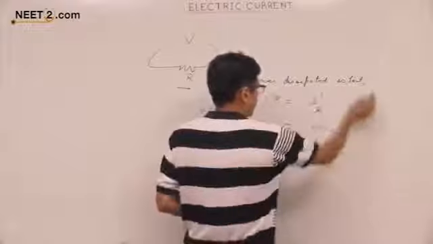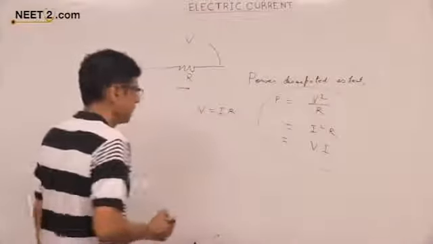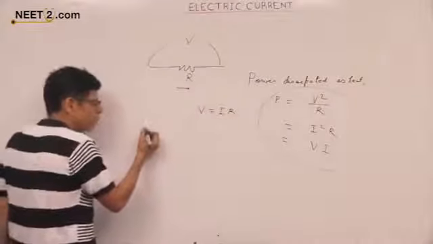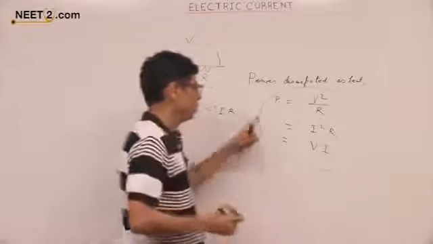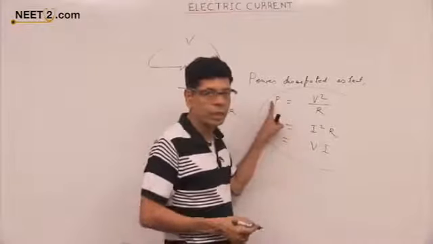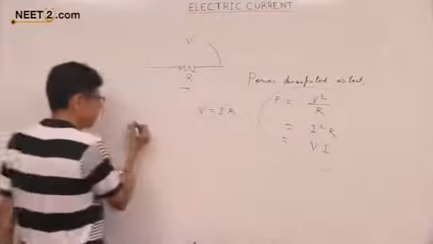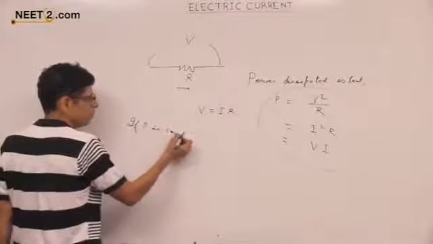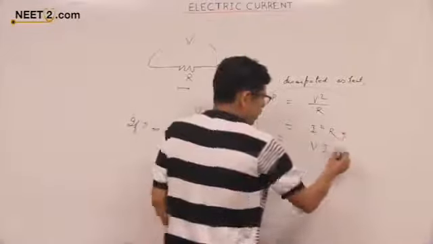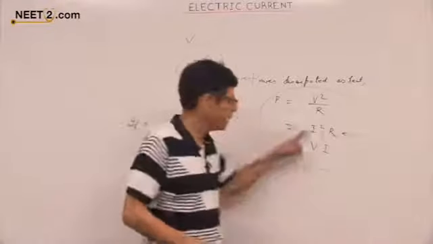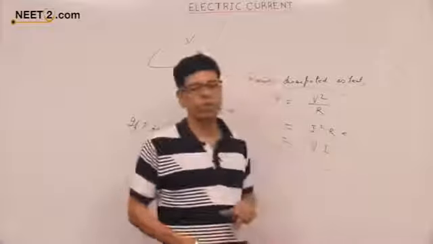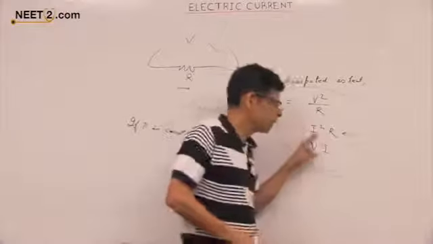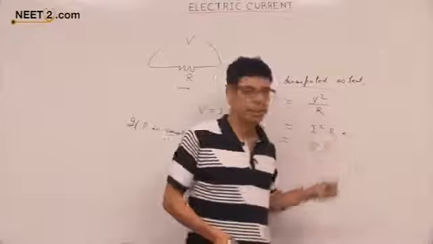So these three forms for power dissipated as heat. If somebody asks you how much heat is dissipated, it all depends upon whether P is constant of time or P is variable. If P is constant, when will P be constant? When the current is constant and the resistance also doesn't change with time. Is it possible that the current is constant and resistance is changing?